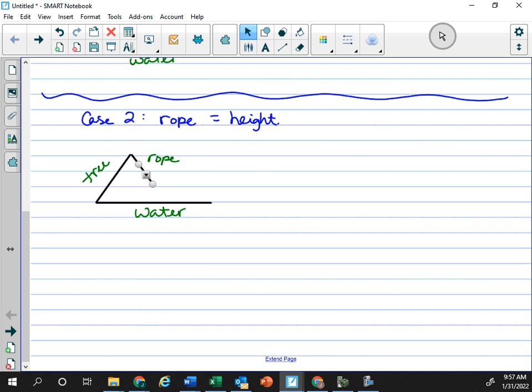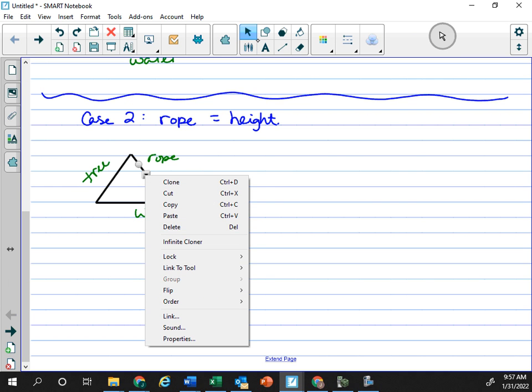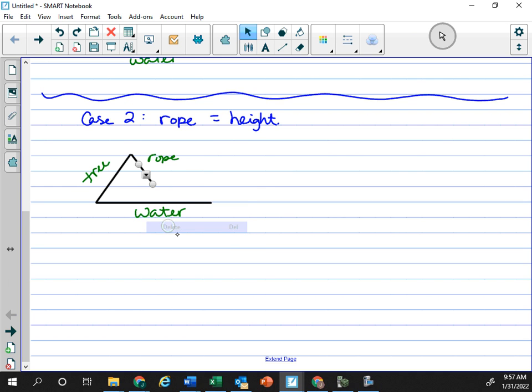So let's say this rope is exactly equal to the height of the triangle.